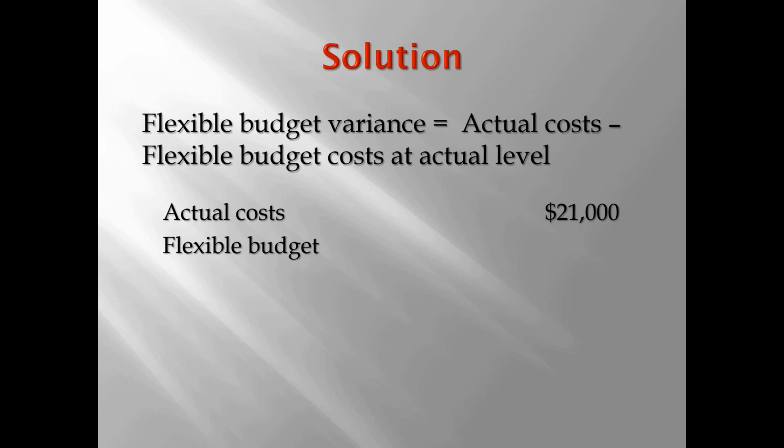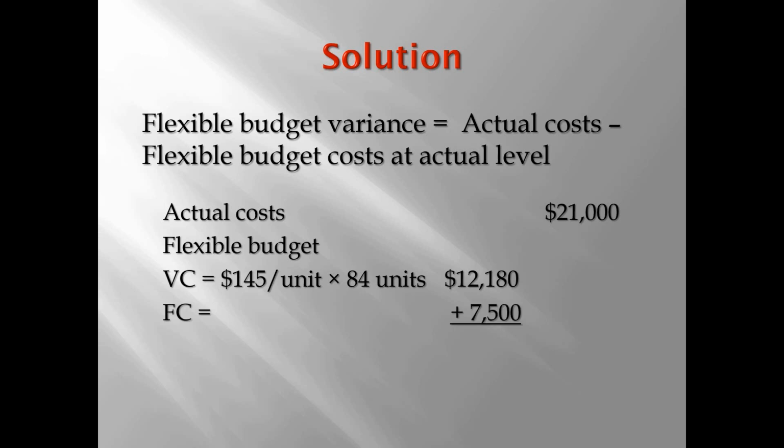The flexible budget costs include the variable cost per unit times the 84 units that were actually made, plus the fixed cost. We can add those together and subtract the flexible budget amount from the actual costs.